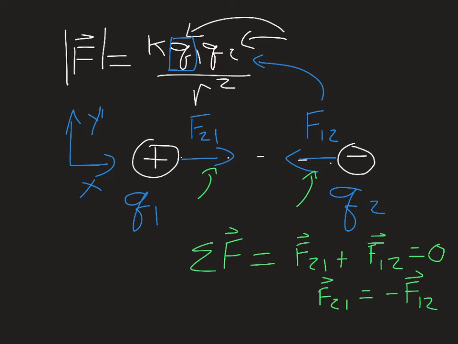And of course, we know that these 2 forces have to add up to 0 because of Newton's 3rd law. They're equal and opposite. Now, normally, when we do the sum of the forces like this, we break it down into x and y components, and we deal just with the magnitudes. And we use the signs to show us directions.